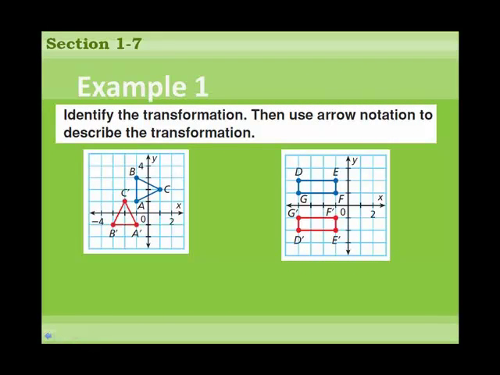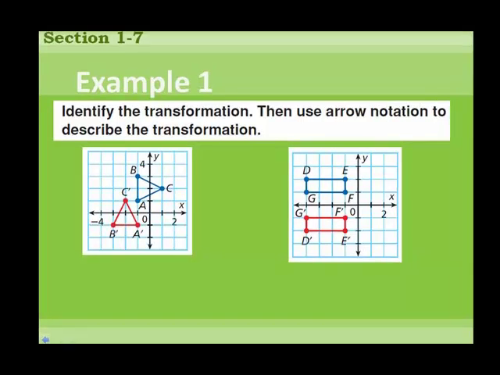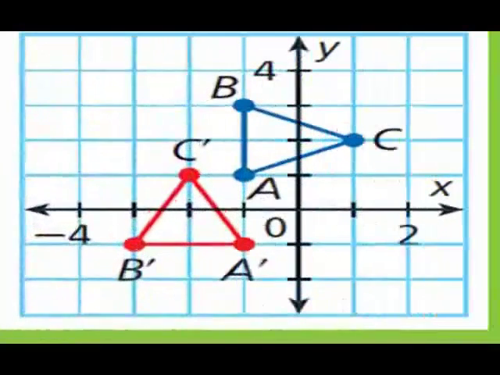Now that we've seen how it's used in movies, let's try a few examples. Identify the transformation, then use arrow notation to describe the transformation. So here, if we look at our pre-image, triangle ABC, and our image, triangle A prime, B prime, C prime, we can see that to get from this image to this image, we would have had to take this triangle and rotate it.